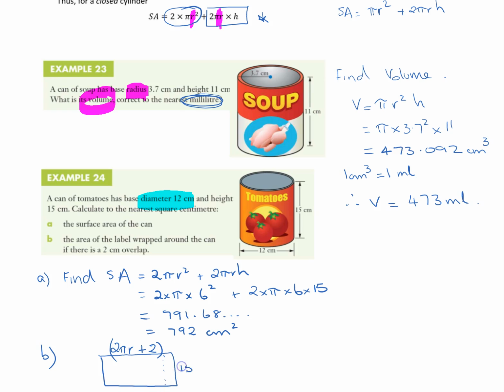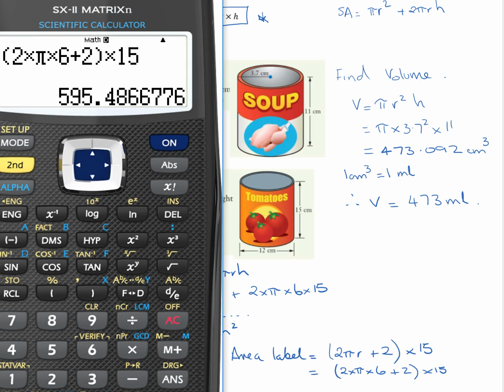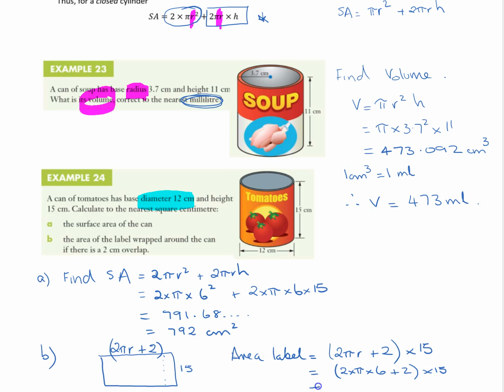It will still be the 15 high, and just the area of the label then will be our 2 pi r plus 2 times 15. So you can see we've got 2 times pi times 6, add the overlap of another 2 centimetres, multiply by the height. You can see that I've done that there on the calculator, and get 595.48.